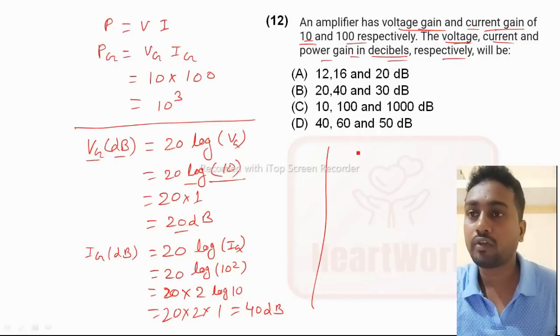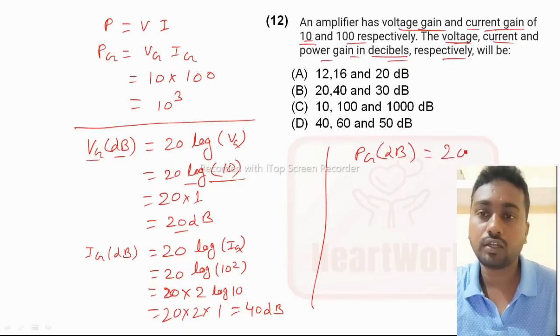Now we also convert the power gain. Power gain in dB, the formula is 20 log of the power gain.